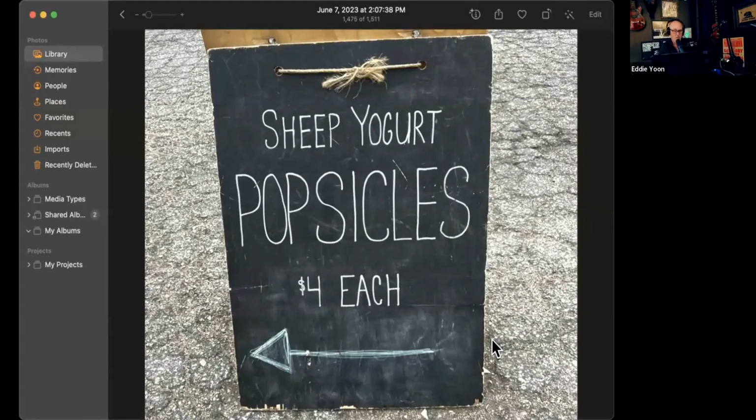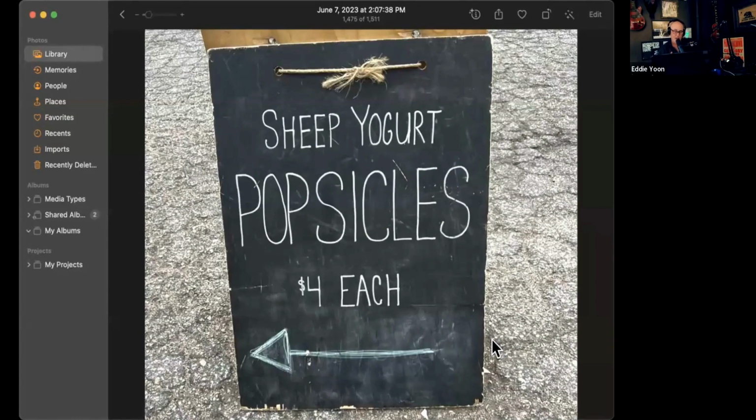There's one other thing on here that this sheep farmer knows that Apple knows that most others don't. There's a premium price. It turns out the average popsicle is 50 cents. This is a $4 popsicle.